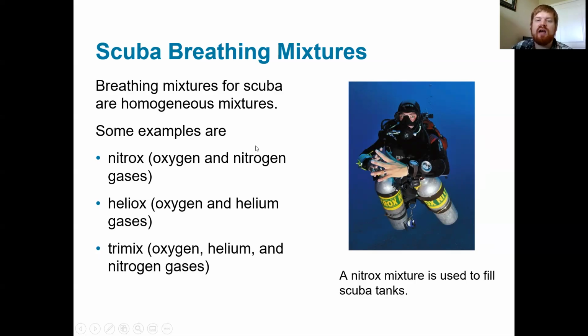For a certain level of diving you can use the nitrogen and oxygen mixture, not really a problem. But if you're doing a further dive below, you can use a mixture of helium and oxygen, which is called heliox. I'm not a scuba diver.